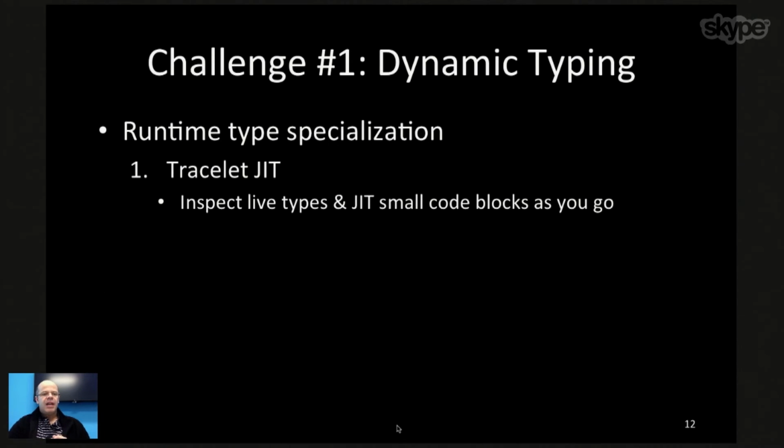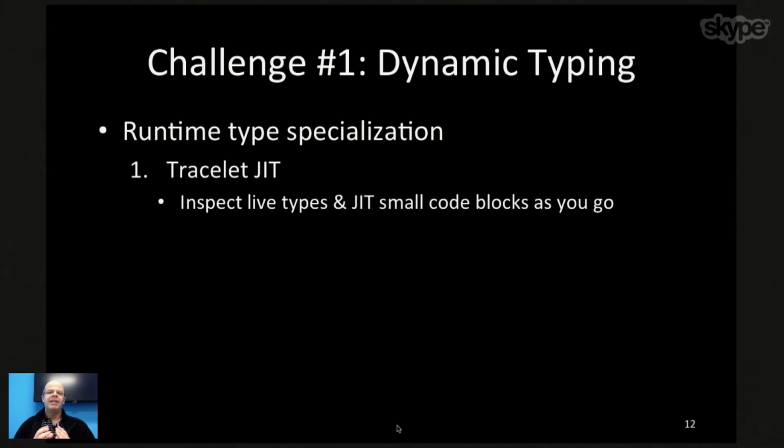In addition to ahead of time, we also try to obtain the remaining type information at runtime. There are basically two architectures of HHVM that we explored in the JIT to obtain types at runtime. The first one was what we call the Tracelet JIT. A Tracelet is basically a small piece of code that is type specialized.